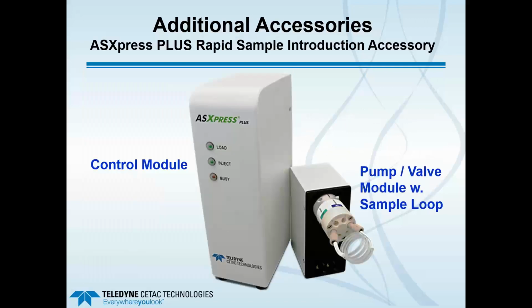And then finally, and this has been the subject of other webinars, some of you may be familiar with this, is the ASXpress Plus, which is a rapid sample injection accessory. In this case, you have a flow injection loop mounted on a valve, and you can use this device to rapidly load up that sample loop and send a discrete volume of sample into your nebulizer system for analysis.